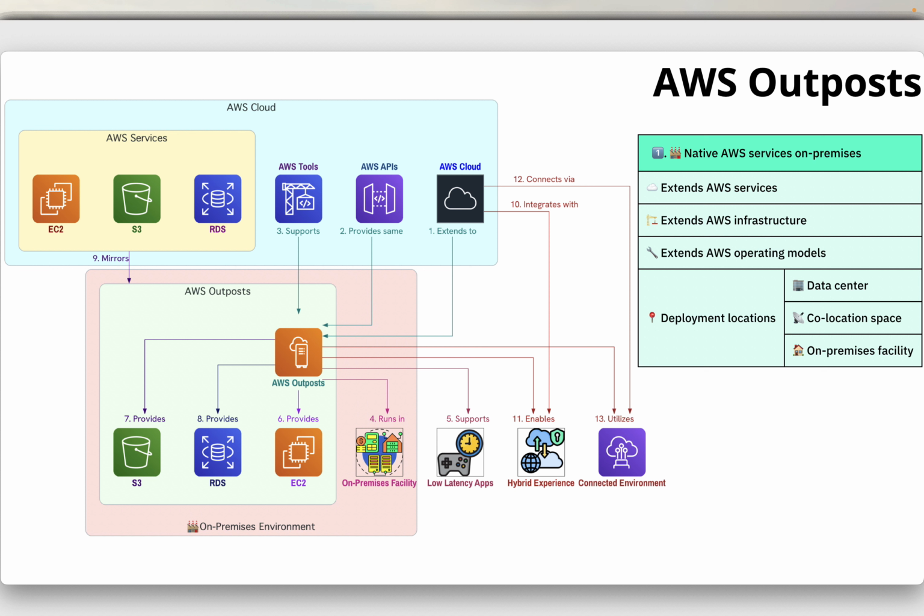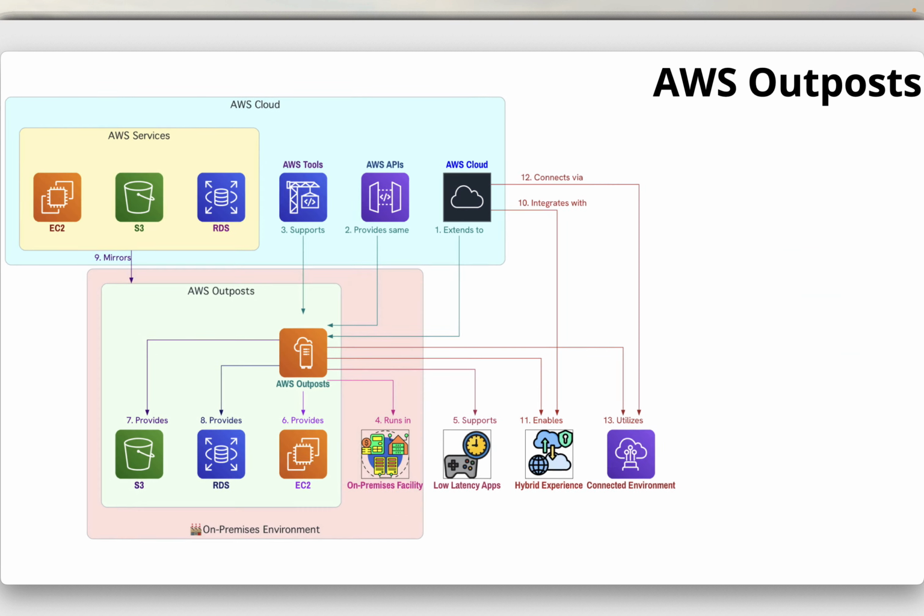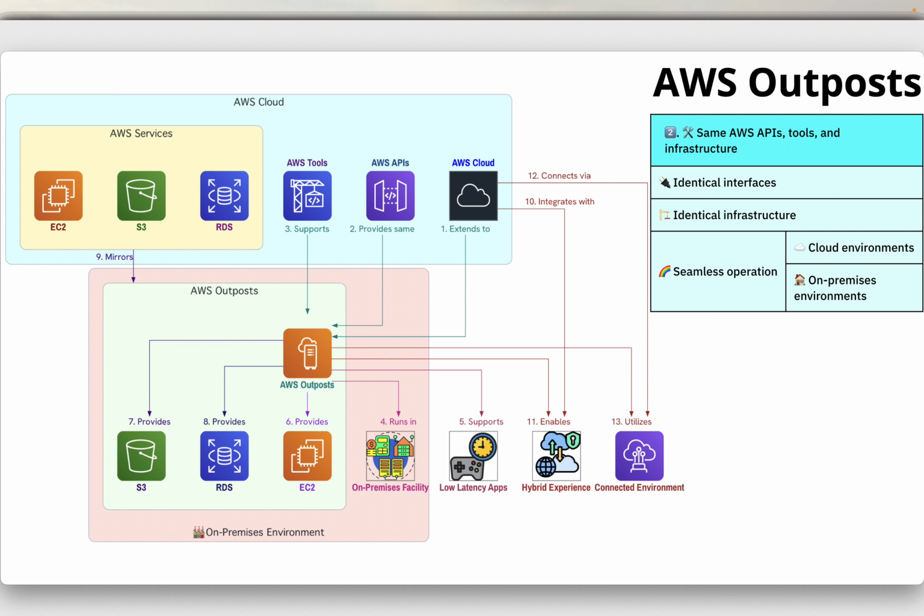AWS Outposts extends AWS services, infrastructure and operating models to any data center, co-location space or on-premises facility. AWS Outposts utilizes the same interfaces and infrastructure you use in the AWS cloud, enabling seamless operation across cloud and on-premises environments.